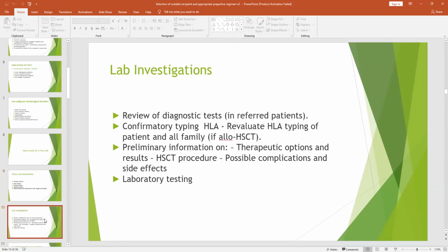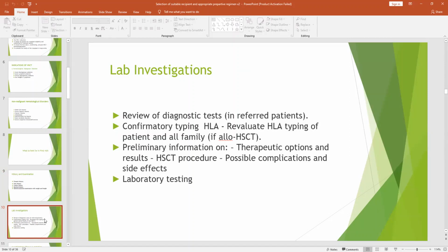Then lab investigation. Review of the diagnostic tests in referred patients. Some patients are referred from other hospitals and they have already had some tests, blood tests. We review them. Then the confirmatory HLA typing.